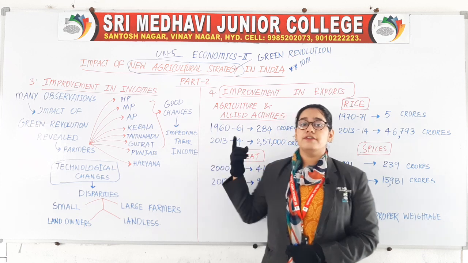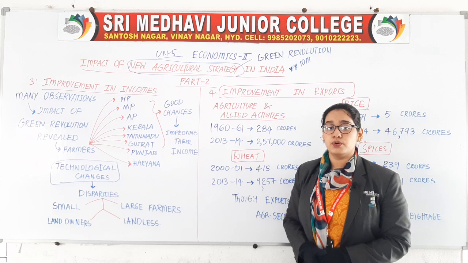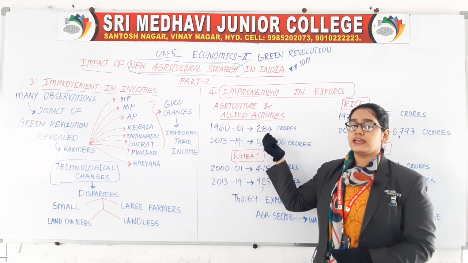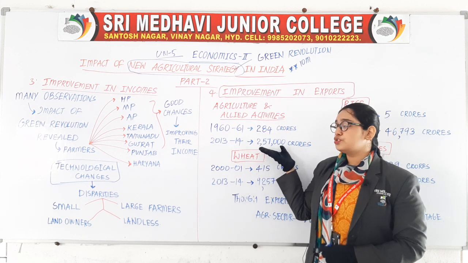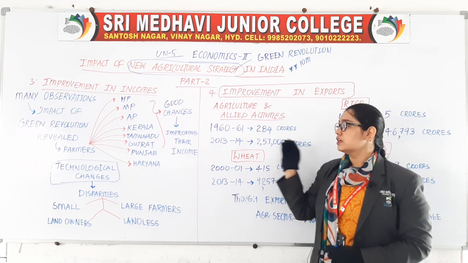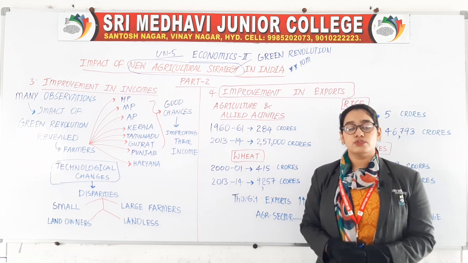First we have the contribution of agriculture and allied activities to exports. During 1960 to 61, it was 284 crores and it has increased to 2,57,000 crores during the year 2013 to 14.